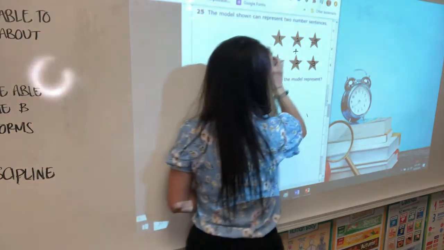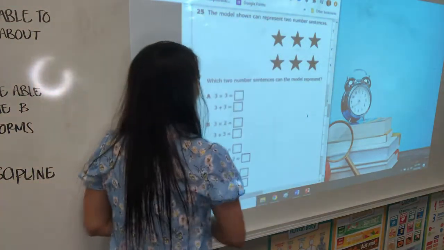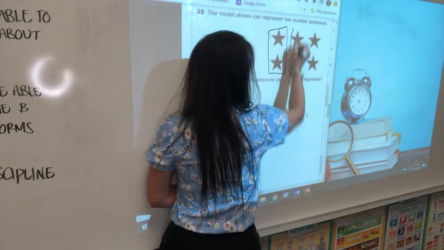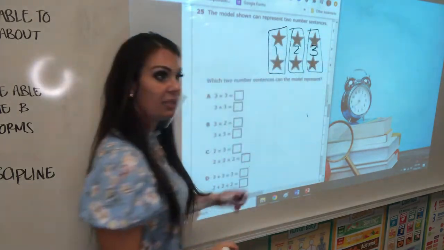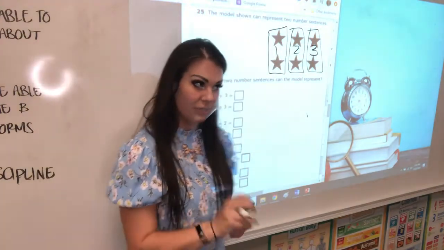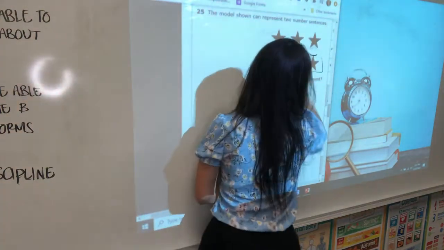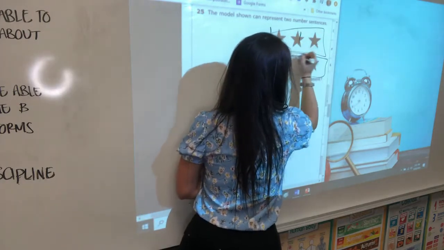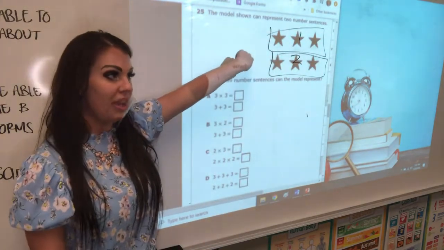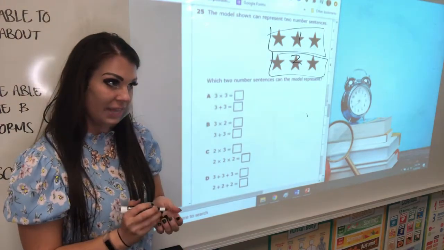You could also say this is 3 groups of 2 stars each. We could also say that this is 2 groups of 3 stars each, right?